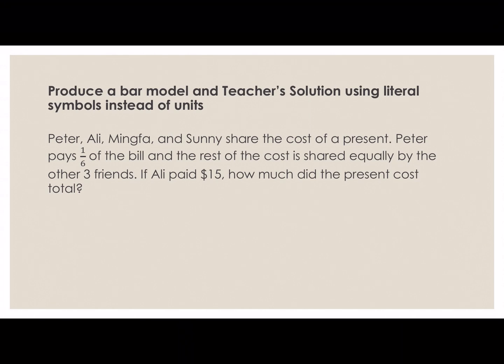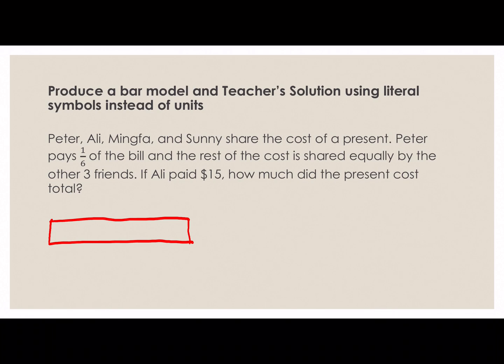Okay, so we need to do a bar with the entire bar length signifying the cost of the present. So we'll do a bar. Okay, this is the cost of the present.